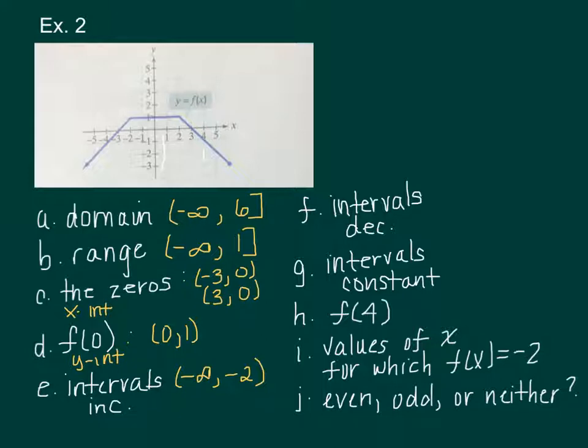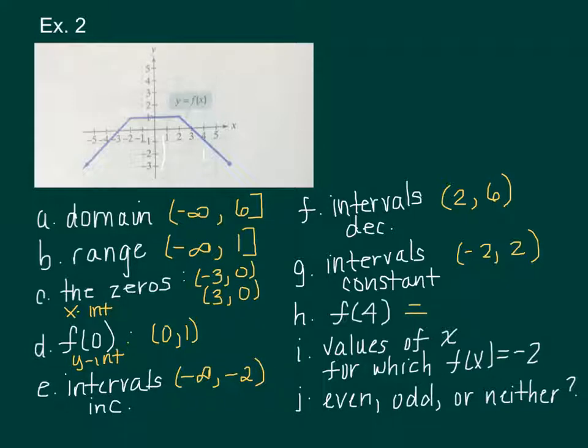And then it was decreasing. It started decreasing when x was 2. And then it stopped decreasing at 6. So you would say 2 to 6. And I'll erase that. And then it was constant when x was negative 2 to 2. So this part right here. And I'll erase it so you won't get confused.